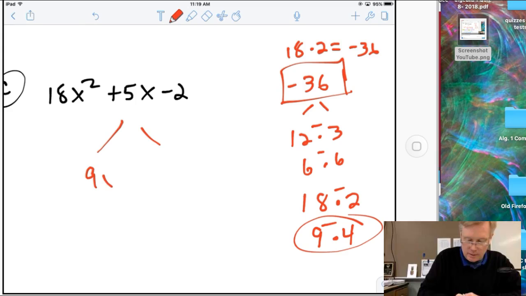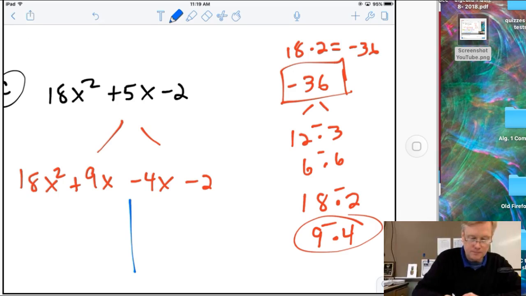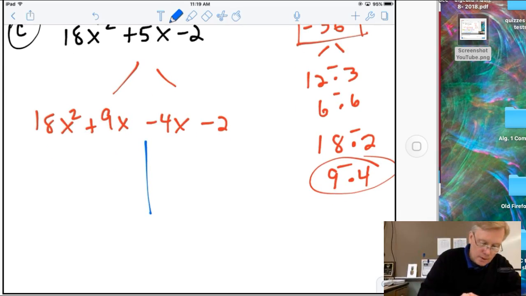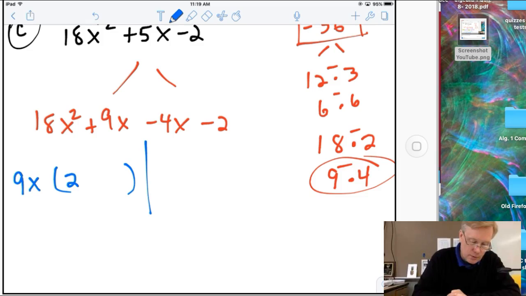Okay, so I get 9x minus 4x minus 2, and I got the 18x squared up in here, bring it down. Draw a line down the middle, factor by grouping. I can pull out a 9 and an x out of 18x squared and 9x. 18 divided by 9 is 2. I had 2 x's, pulled 1 out.